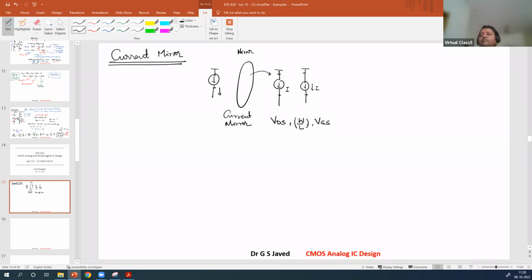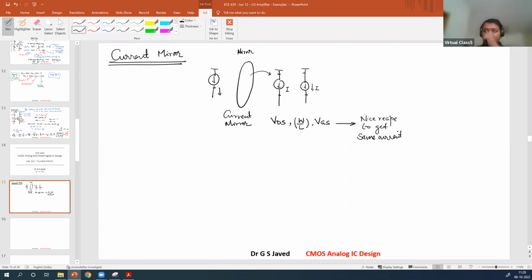Keep the VDS same, W by L same, and VGS same, then you have a nice recipe to get the same current. So this is what we want to do.